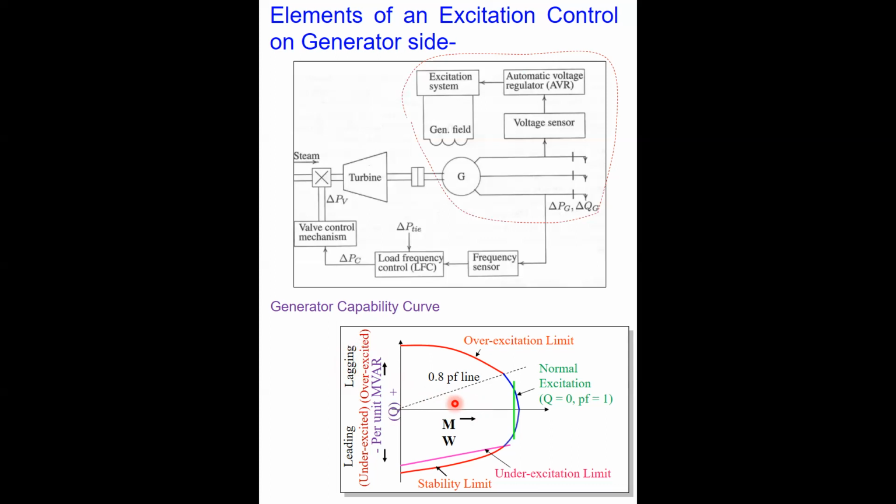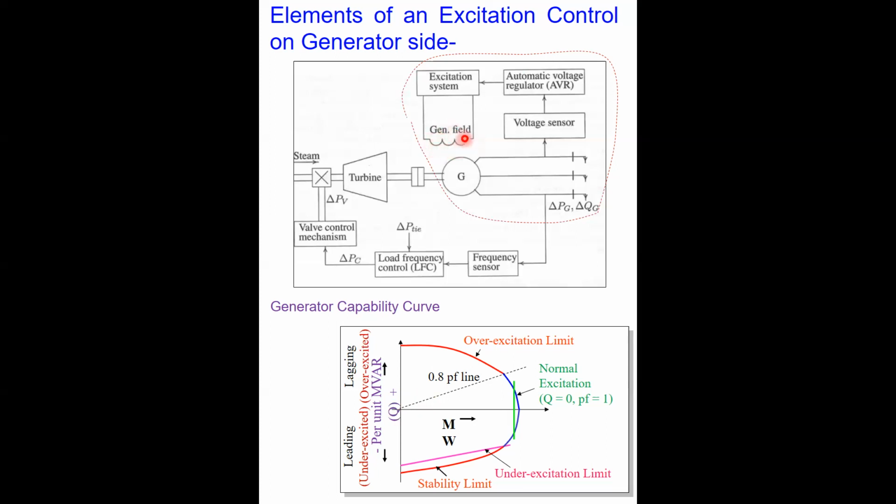Then again, the maximum value of excitation, that means the maximum value of field current flow in the field winding, is also limited, because the field current flow in the field winding will generate heat in the field circuit here.